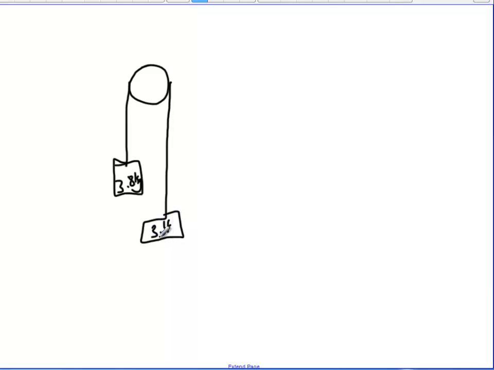The pulley is a uniform solid disk, so that means its moment of inertia can be given by mr squared. It has a radius of 3 centimeters, so this distance is 0.03 meters, and it has a mass of 0.8 kilograms.